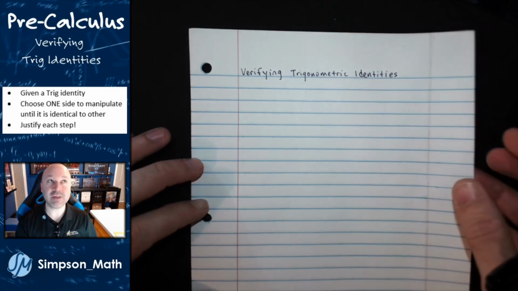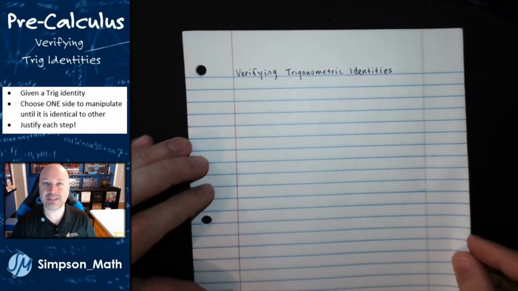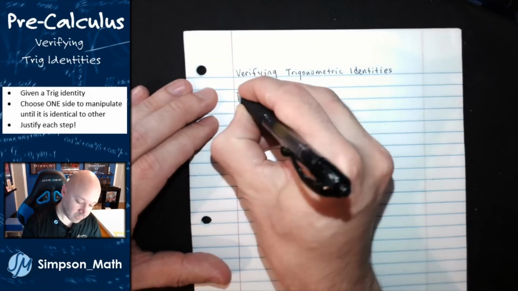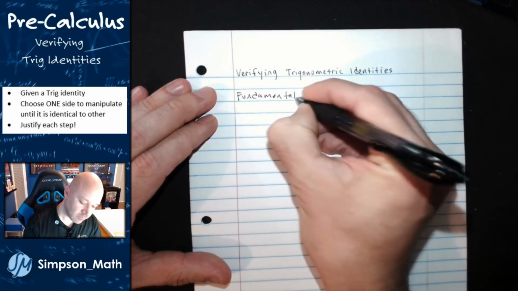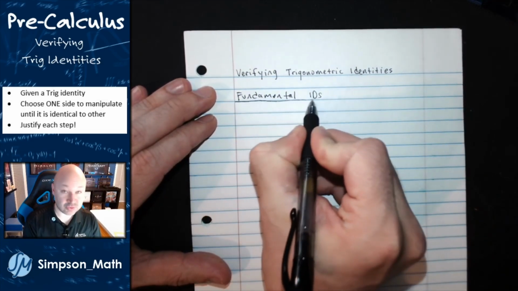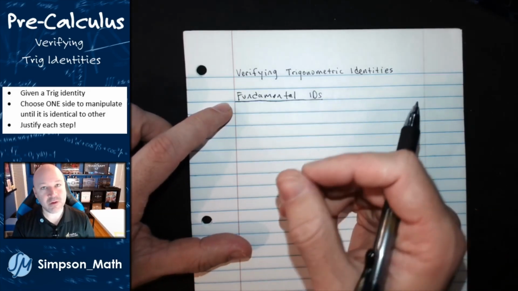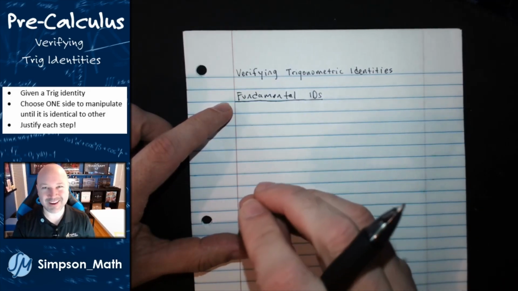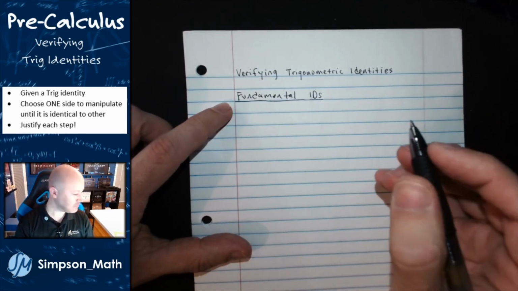We call all of the identities we've talked about thus far the fundamental identities, and we just now accept these as true. I tried to explain where they came from and what they are, but after today, we just know them to be true.